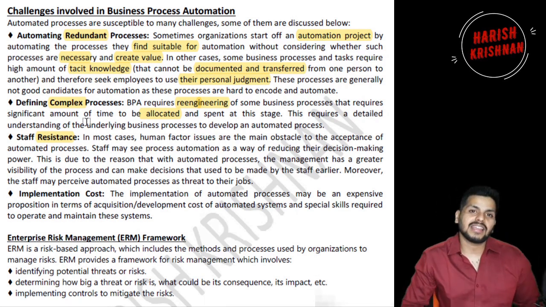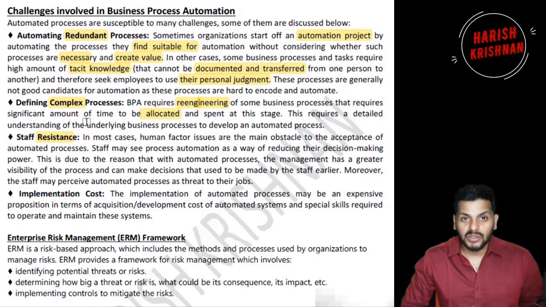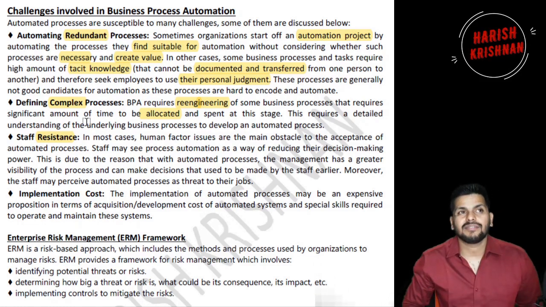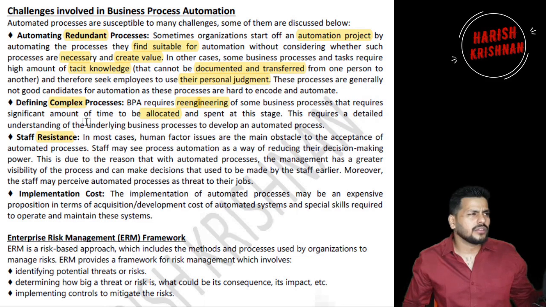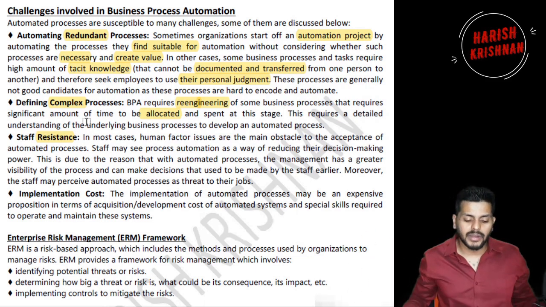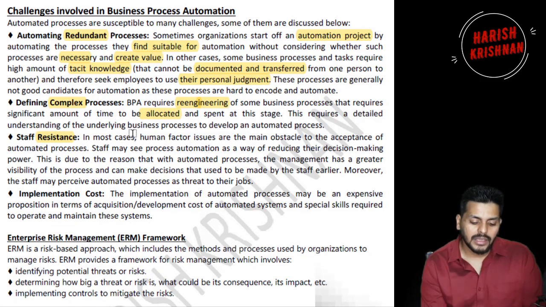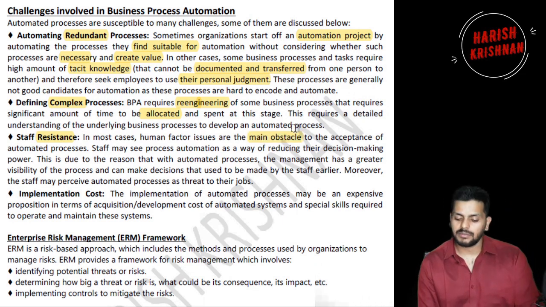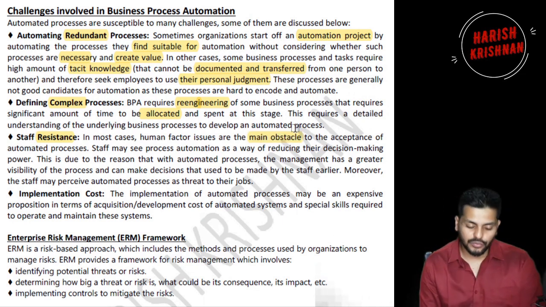What if that staff don't know to use the new software or don't know to use computers itself? So there's always a resistance saying no, whatever is going on, that is good, change is not required. Always people do that. In most cases, human beings are the main obstacle to acceptance of an automated process, because they might lose jobs, right?